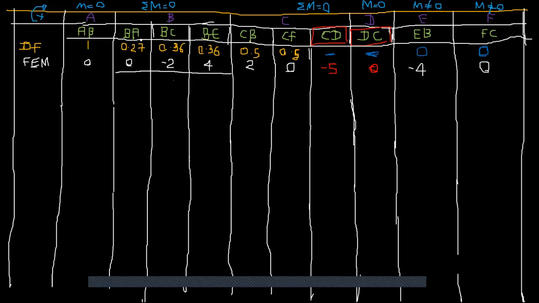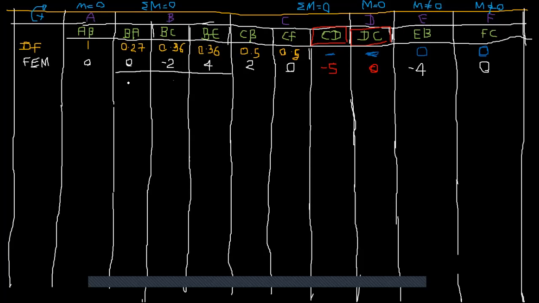If you add minus 2, that minus 2 will be taken by all three members. BA says I can take 27% of that, or in other words 0.27. BC says I can take 36% of that, or 0.36. BE also takes the same amount.